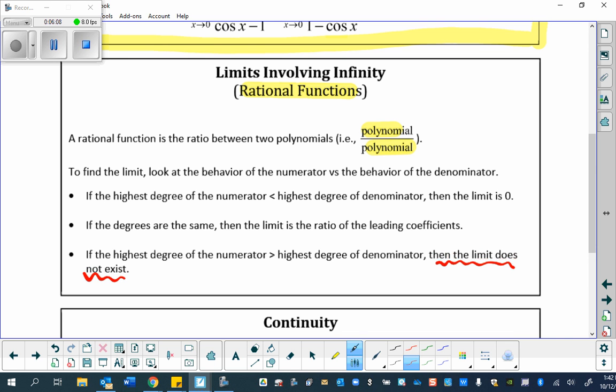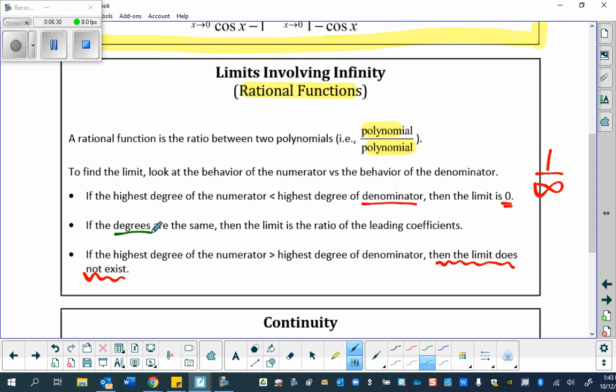If my higher degree is in my numerator, that's wrong. If the higher degree is in my denominator, then I have 1 over infinity. The bigger number I put in my denominator, the smaller my value, and that is why my limit is 0.